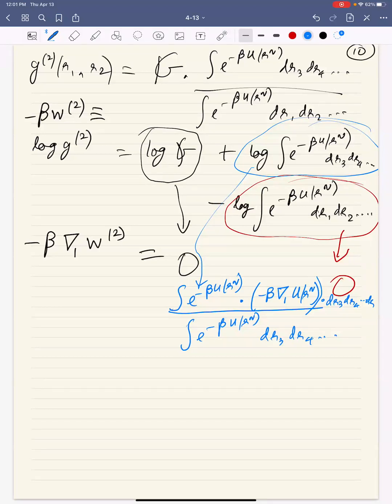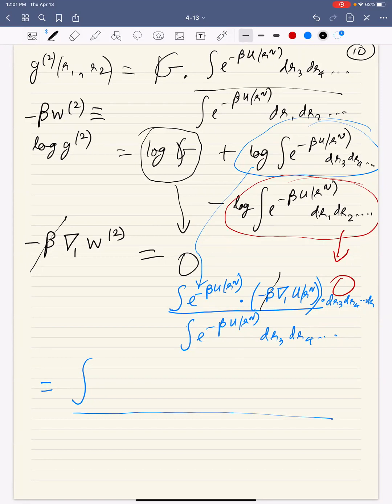Okay, let's simplify this integral. I'm just going to rewrite it in a slightly different way. I can cancel out minus beta and minus beta from both sides, right? This beta and this beta get cancelled. So what do I get now?